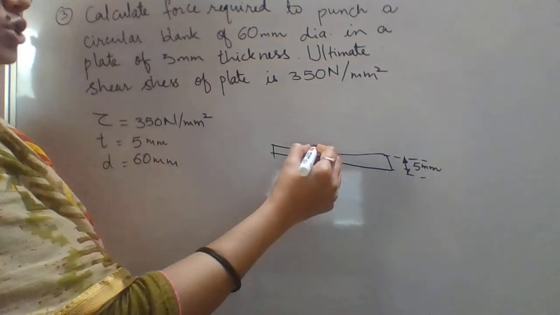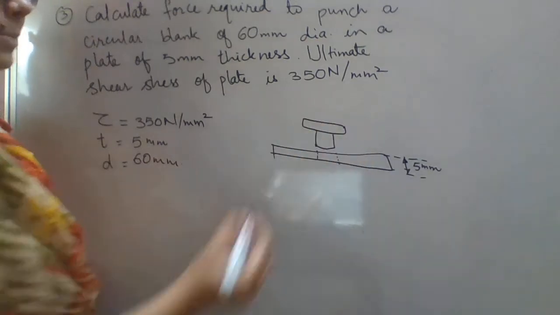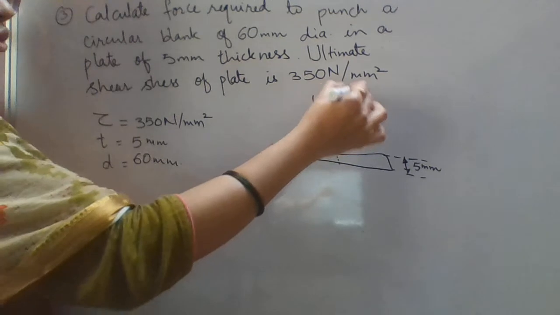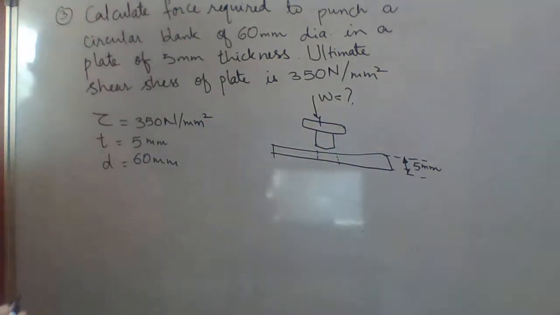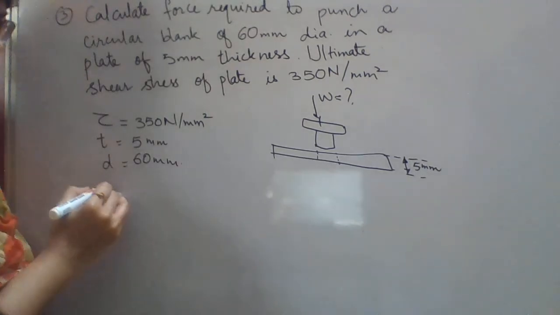To punch this hole, we need some force on the punch, on the drill. That load, that force, is unknown. We have to calculate the force required to punch a circular hole. So W is unknown.